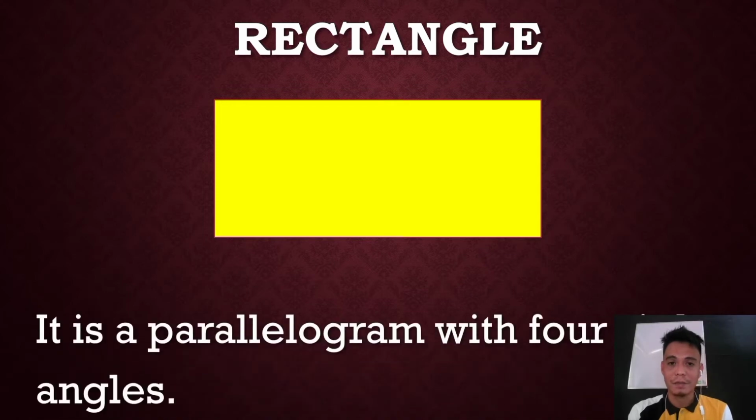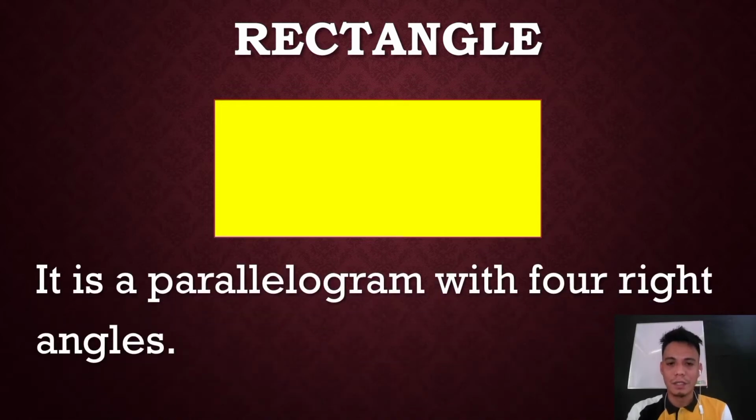What is a rectangle? A rectangle is a parallelogram with 4 right angles. So meron daw siyang 4 na right angles. Isa siyang parallelogram with 4 right angles.